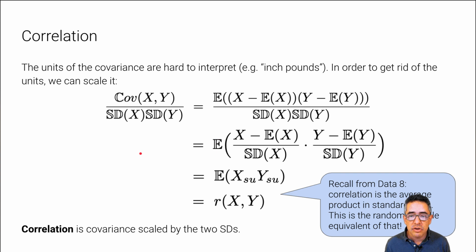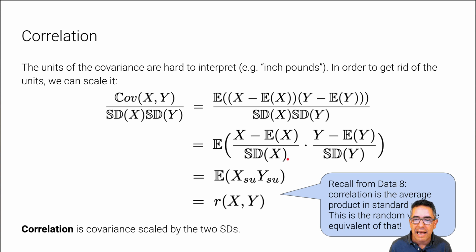So one way to get rid of that is to scale it. And so we introduce a concept known as the correlation, which is just by definition taking the covariance and rescaling it by the standard deviation of each variable. Quickly, using again the properties of expectation, you can see, remember at the end of the previous lecture, we looked at the standardization of a random variable, when we convert our random variables into these centered, standard deviation 1, variance 1, unitless variables.